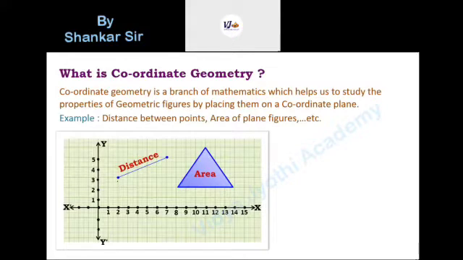Here we can place the points. As I told you, this is A and this is B, the 2 points. We place the points using the coordinate system, the Cartesian plane. Why is it called the Cartesian plane?